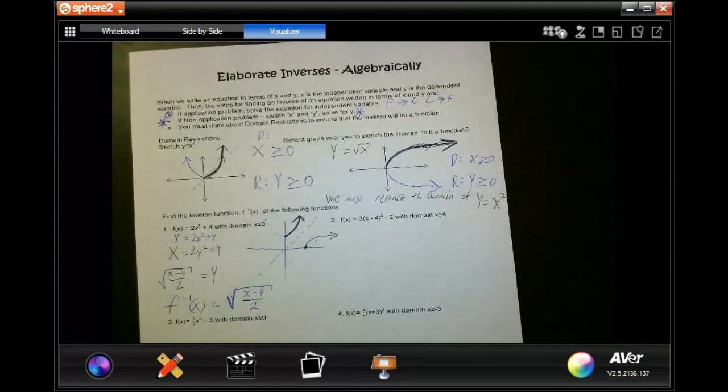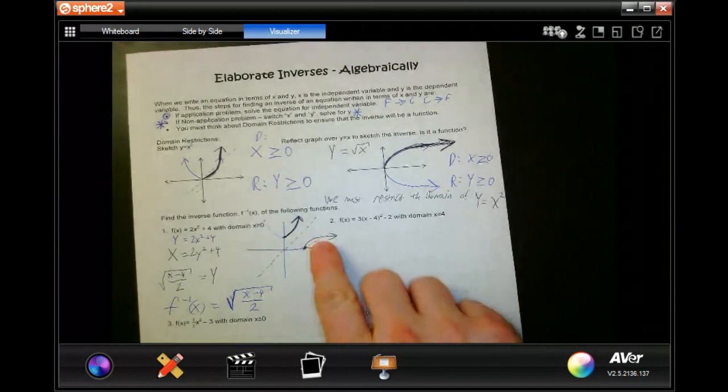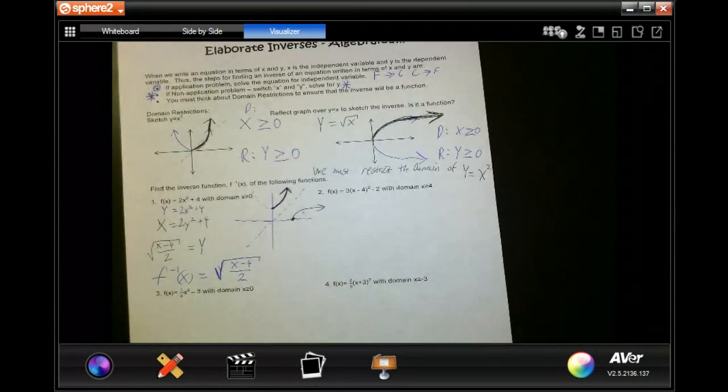So the domain restriction now. What's the domain restriction of this function here? So we're looking at this part of the graph. What's the domain restriction of this guy here? What's going to be the domain restriction of this graph here?